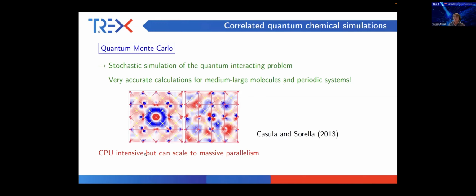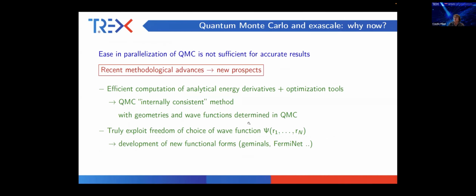So the approaches are quite CPU intensive, but as I mentioned before, they can scale to actually massive parallelism. Generally speaking, of course, the fact that QMCs can be parallelized easily is not sufficient to have accurate results.